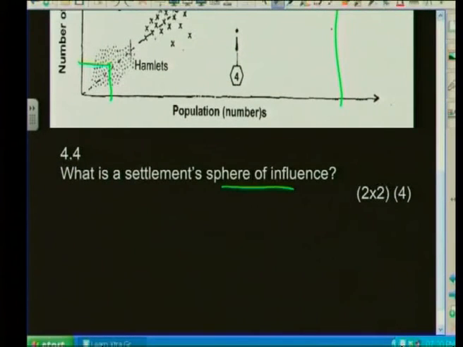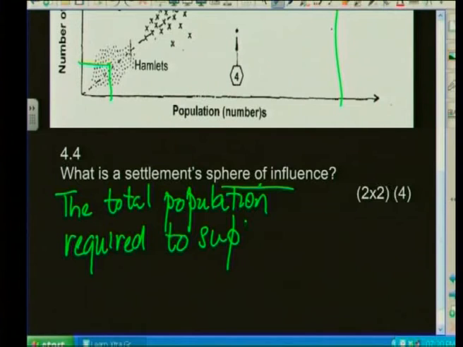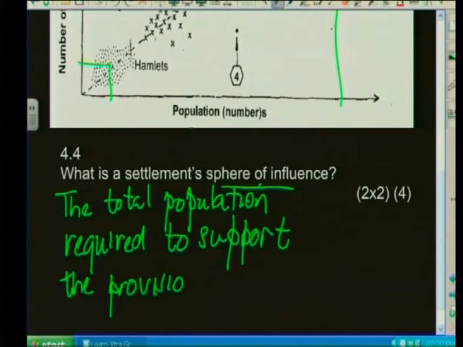Sphere of influence, the total population required to support the provision of goods and services.